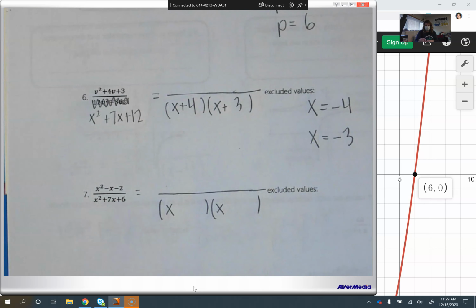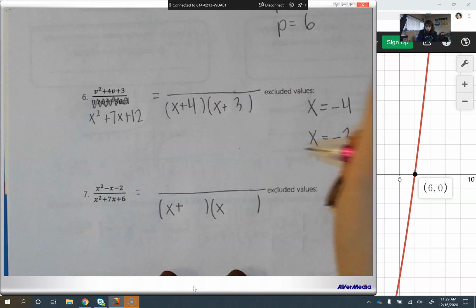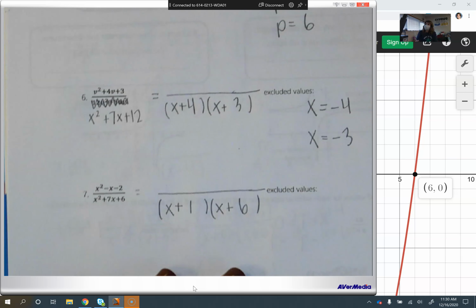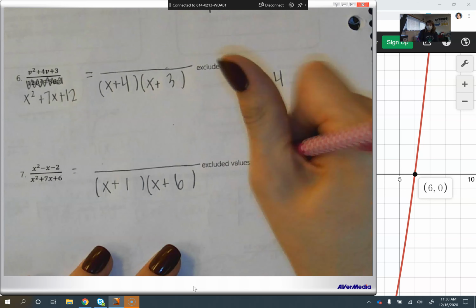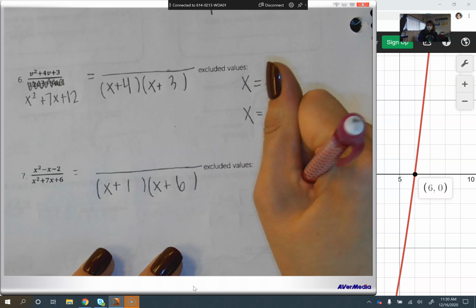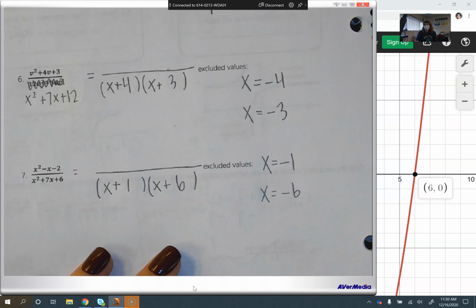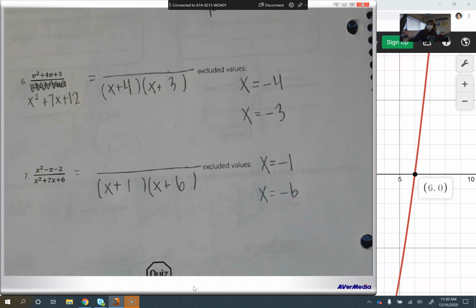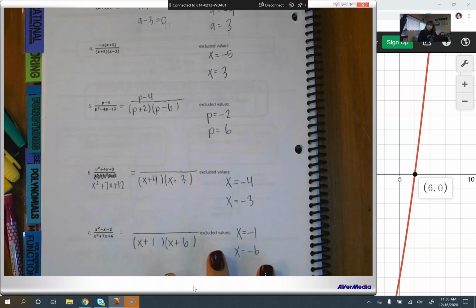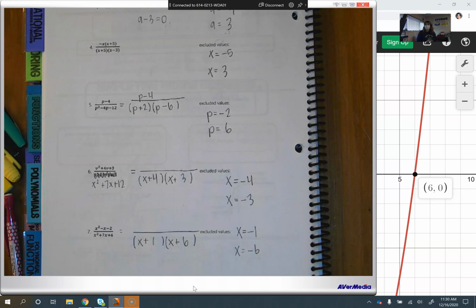Okay, it should be x plus 1 and x plus 6, perfect. So excluded values are a -1 and a -6. Okay, so this is only step number 1. In pencil, the first thing I did was I went through and found my excluded values based off of the denominator.